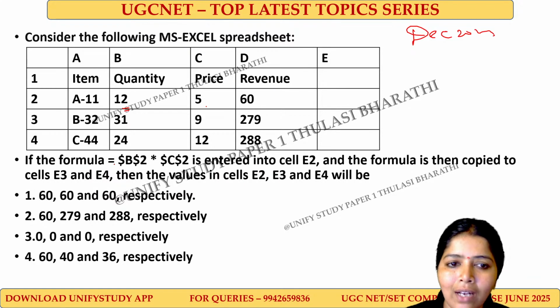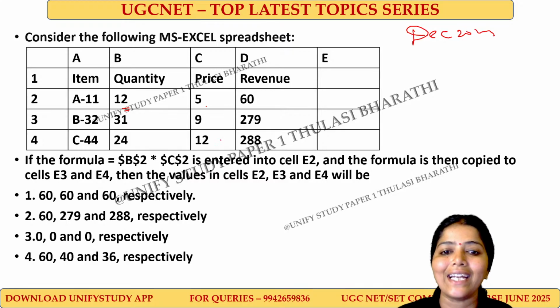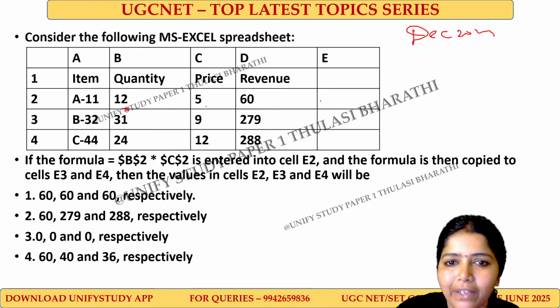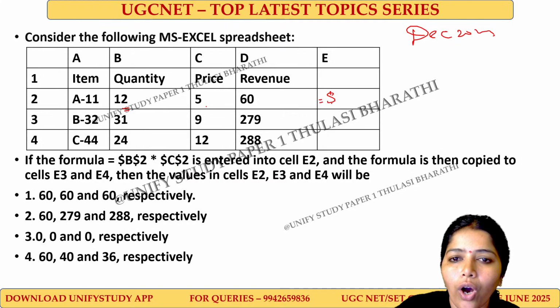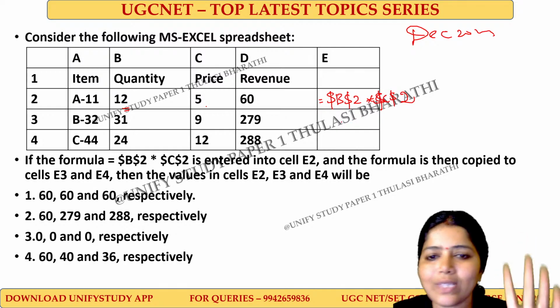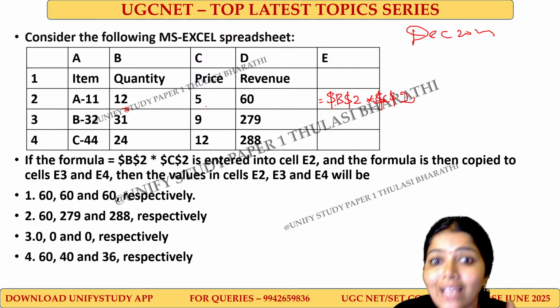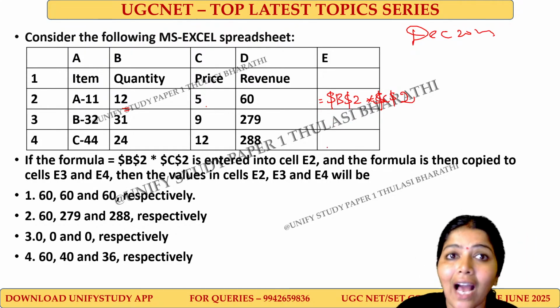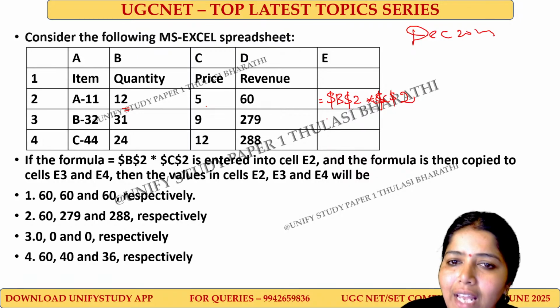If the formula $B$2 into $C$2 is entered into cell E2, and this formula is copied to E3 and E4, what will happen in E3 and E4?